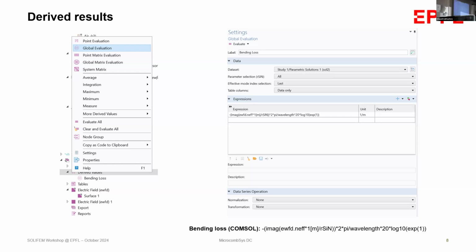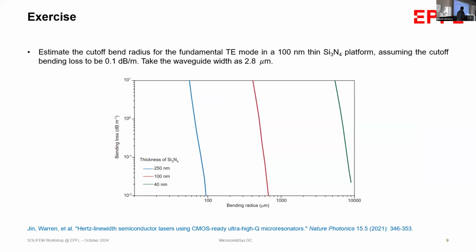So I'll also show you that there is slight variation and why that is. It could be for multiple reasons. Okay, so you see these two plots? The red 100 nanometer should be around 10 to the power 3, correct?